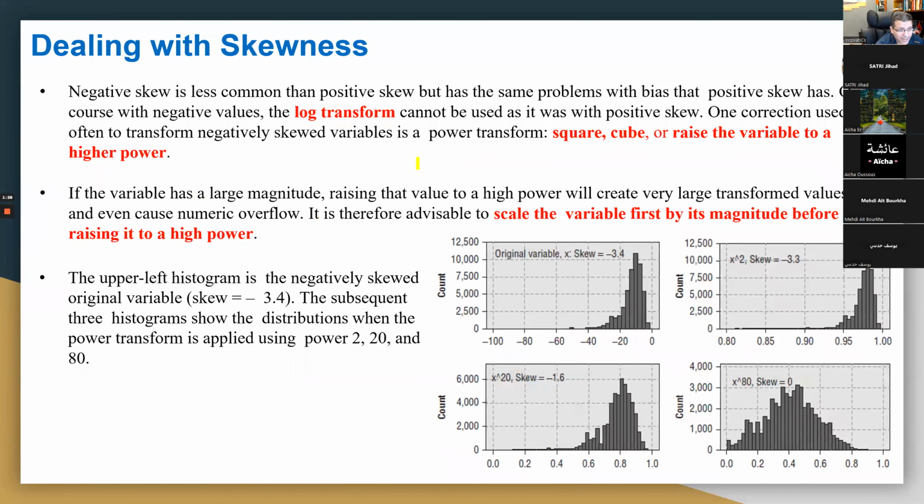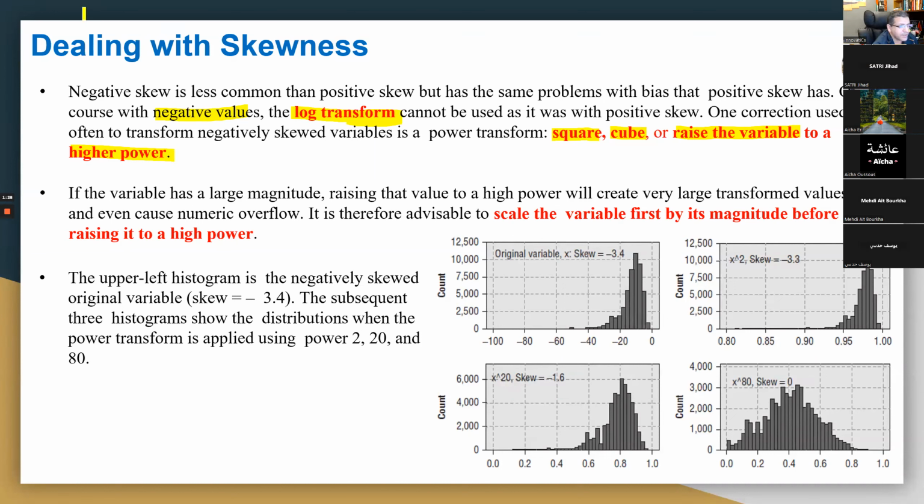If you have negative skewness, we are not going to use log transformation. It's not going to work. We are going to use the square, the cube, or raise to a higher power.